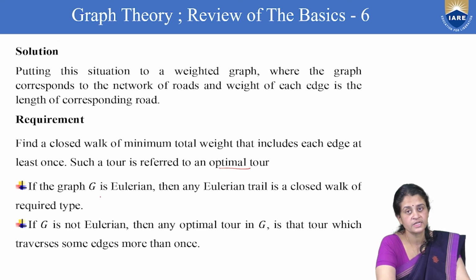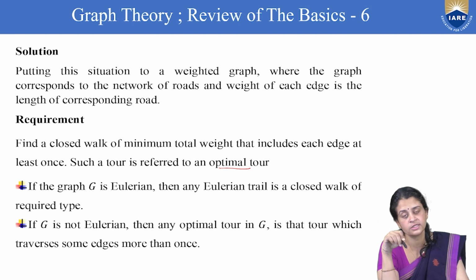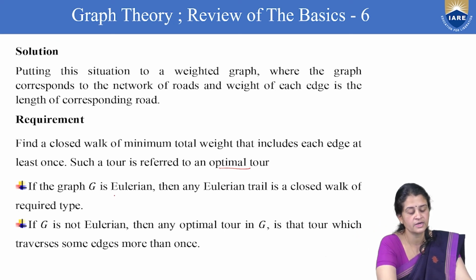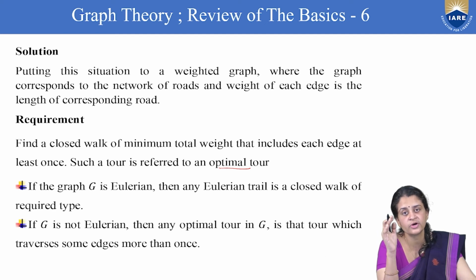If the graph is Eulerian, that is, we start from one point and can go through all the edges exactly once and reach back the starting point, then it's okay. If the graph is Eulerian, then an Euler trail or closed walk is of the required type. We are safe, because we start from one point, go through all the edges exactly once and reach back the same point.